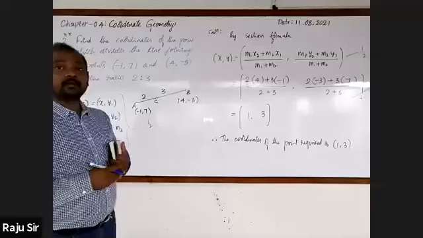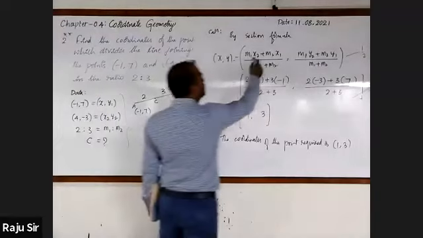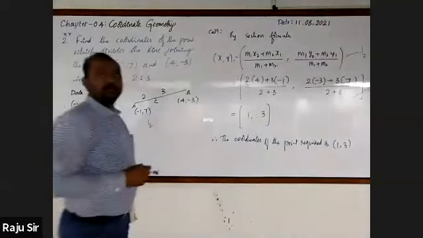Sir, in the third one, why can we not put -1 first and after that 4 in x2, x1? We can put -1 first, then 4, in the substitution x2, x1.